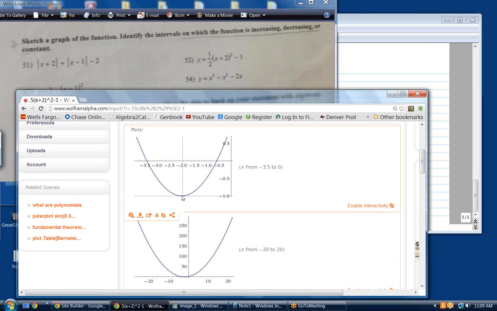And it's increasing from what? It's not constant anywhere. From -2 to infinity? Yes. Okay. And both of those would have brackets. It would be decreasing from parentheses negative infinity right up to -2 bracket. I guess that's a bracket.